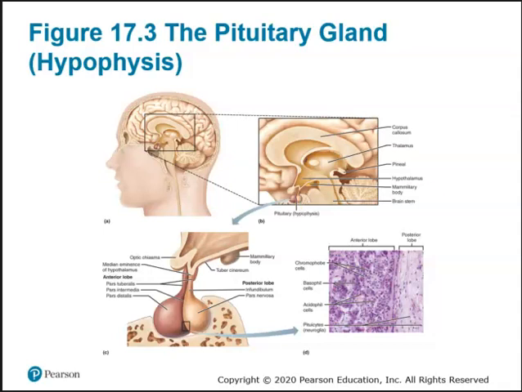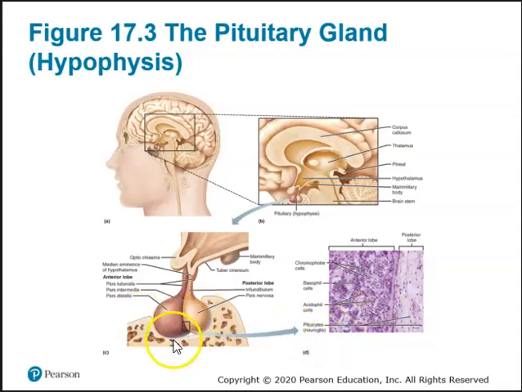We're not going to get into it right now because we're not going into neuro right now. But know that it's definitely superior to the brainstem, inferior to the hypothalamus, for example, the thalamus, corpus callosum. That's not important right now because we're not going over neuroanatomy. We just want to look at the actual pituitary gland.